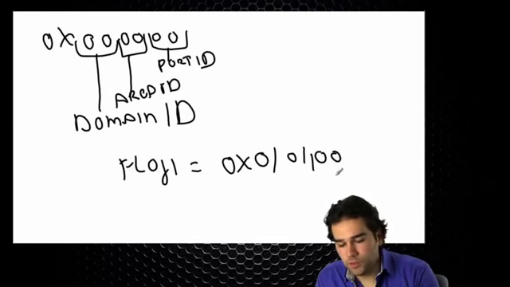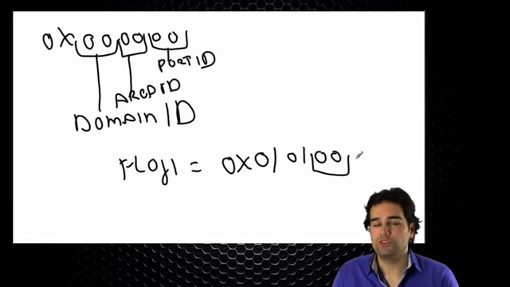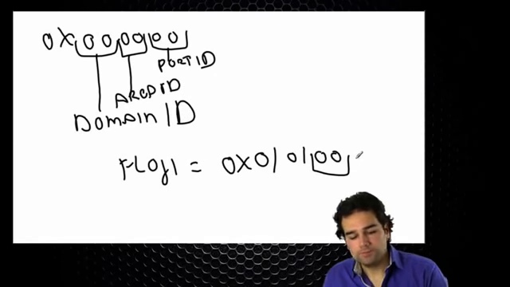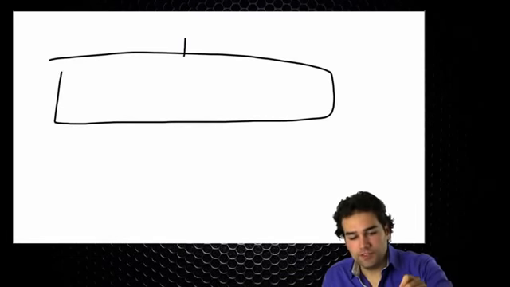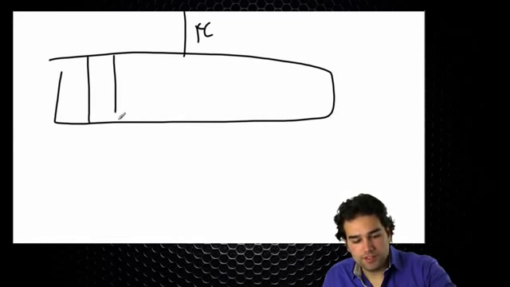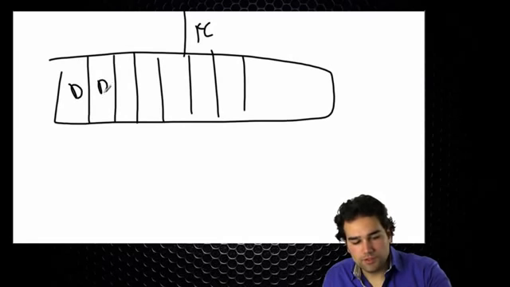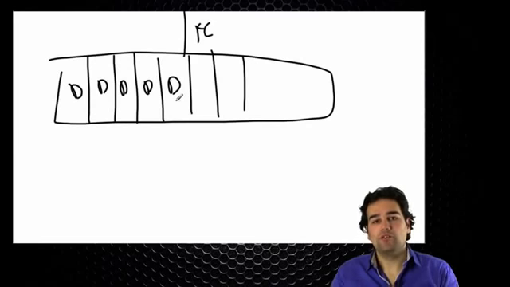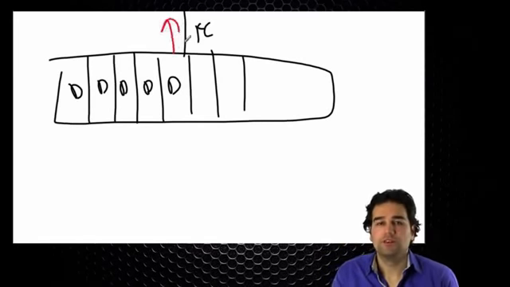Why do I do that? Why do I give the host the freedom to choose its own port ID? Well, take a disk array that has an FC link to the network, and a lot of disks are in that disk array. This array will do one FLOGI, so there's going to be one FLOGI request.